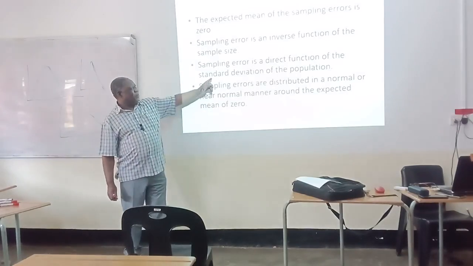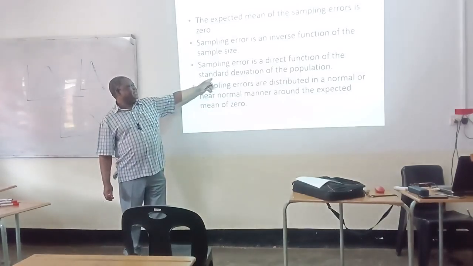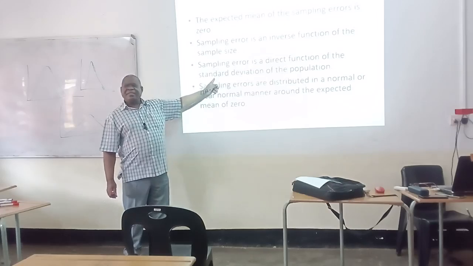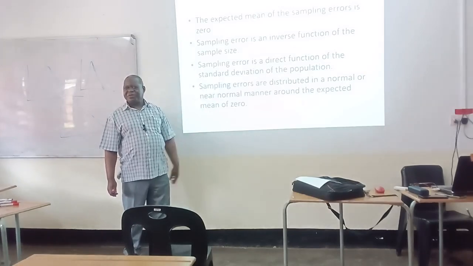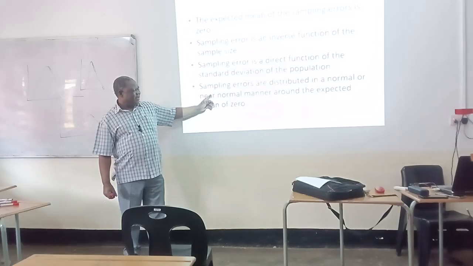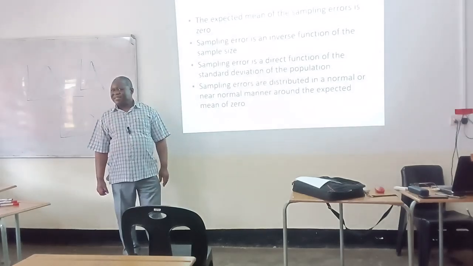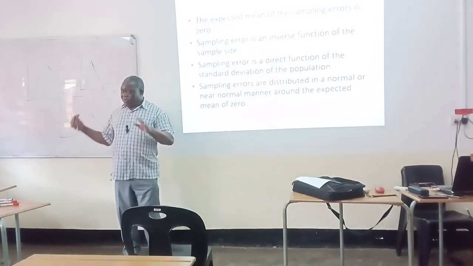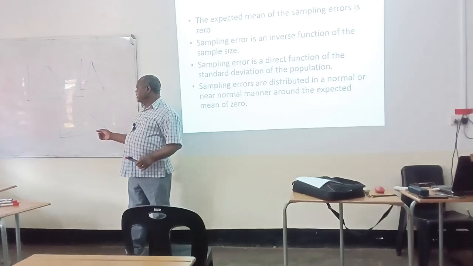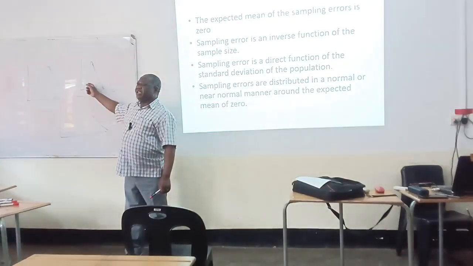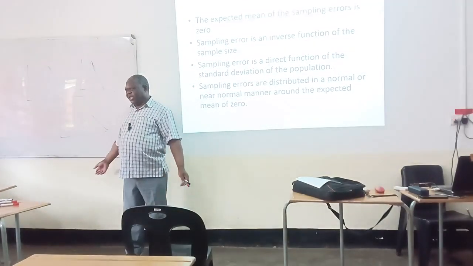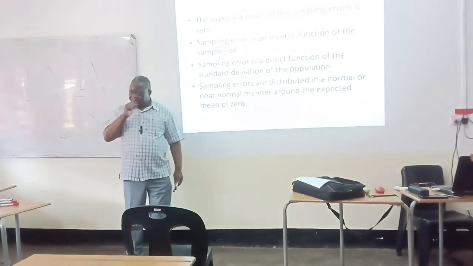So, another rule of sampling errors is that the sampling errors are a direct function of the standard deviation of the population. Okay? And the last one is this, that when you come up with the sampling errors and you plot them in a frequency distribution, they will be in a normal distribution always, or near normal distribution.